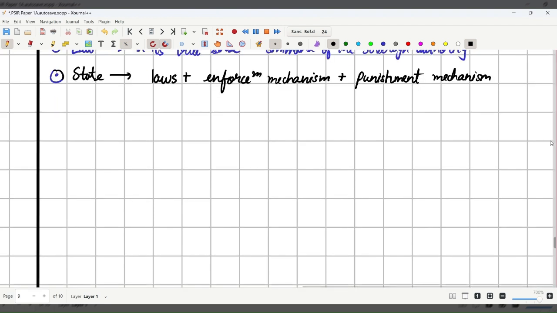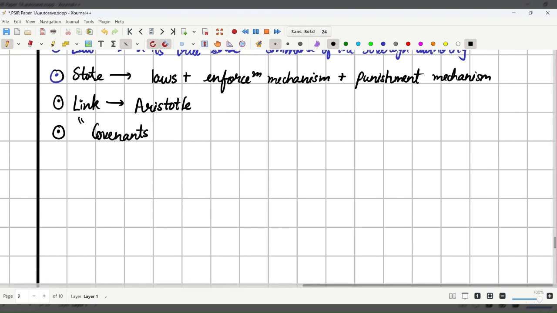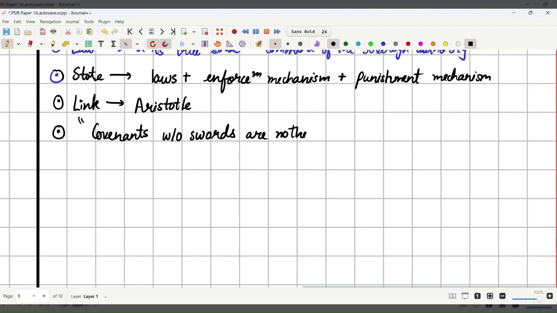Then you can also link Aristotle here. He famously asserted that covenants without swords are nothing but words.